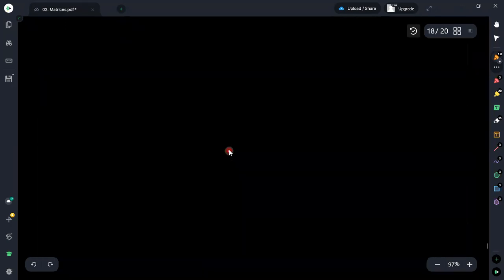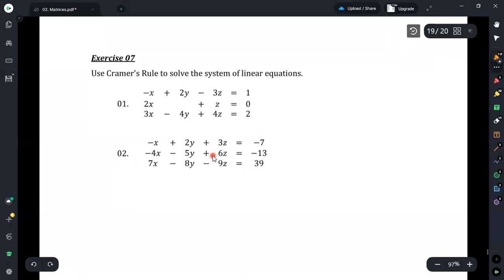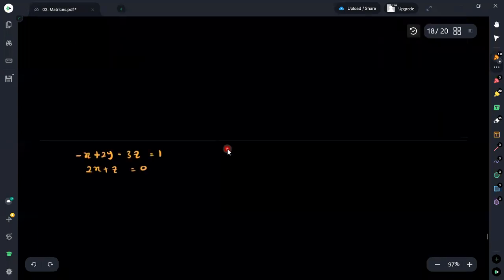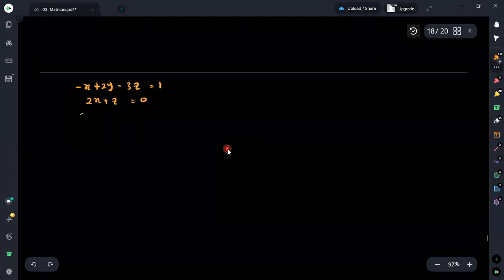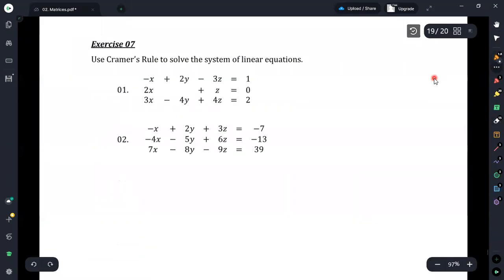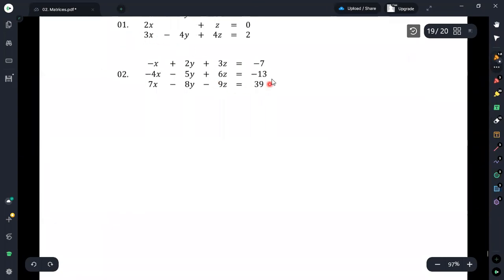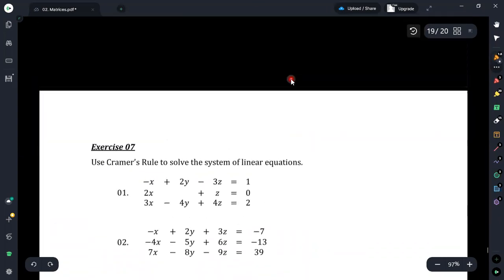And then 3x minus 4y plus 4z equals 2. These are the set of equations that we are given.